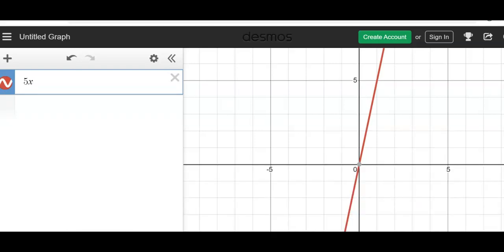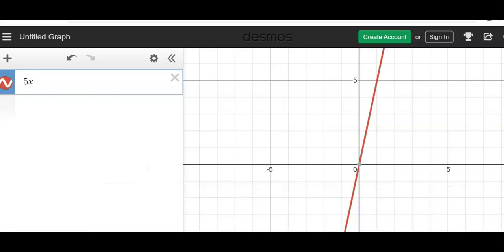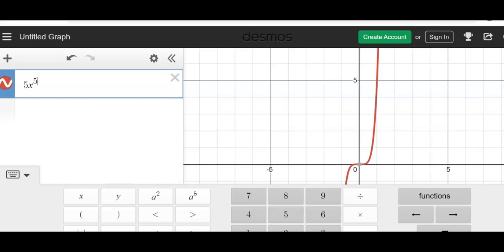So for that, I click on this little keyboard button that brings up this button down here, and I'm going to press this one that says A to the B, and that just raises it up, and so that I can then type in x to the 5th power.